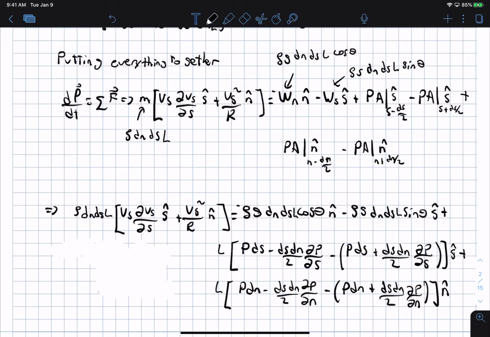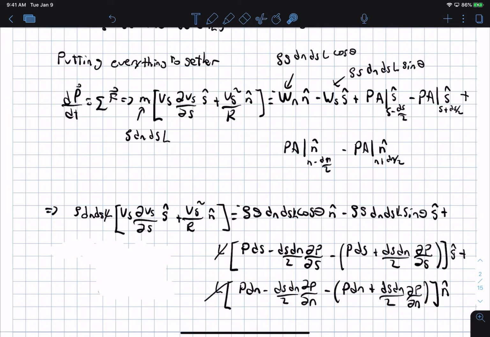First, you may notice that there is an L basically multiplying every single term, so we can cancel those out. And then also, notice we have a p times ds here and a minus p times ds here. And we have a p times dn here and a minus p times dn here.